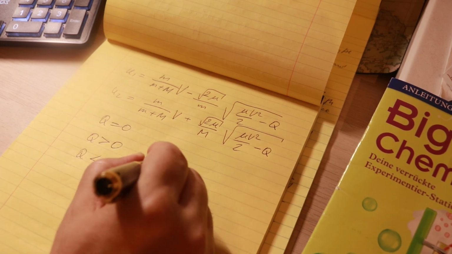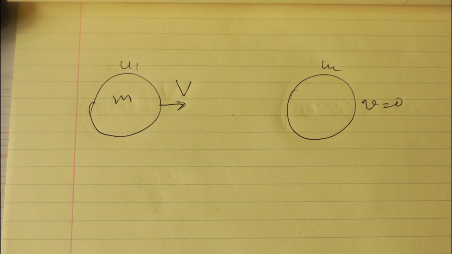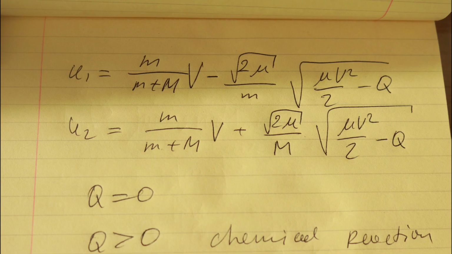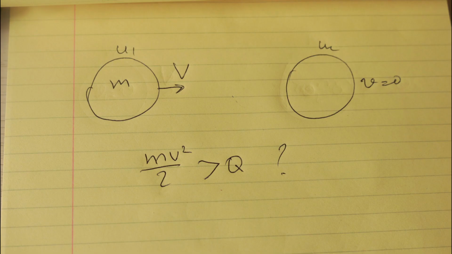Let's consider that we take two Christmas balls, one moving in the direction of the other with speed v, and the second one has speed 0. And Q is the energy required to destroy our ball. Which speed is needed to destroy the Christmas ball? At first you can think that the kinetic energy of the first ball has to be higher than Q. It's not completely true.